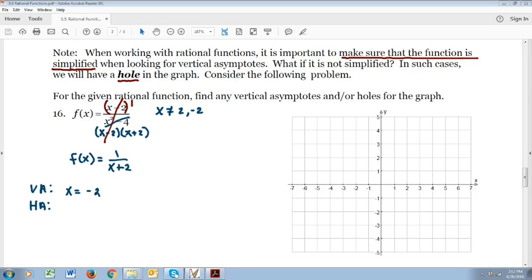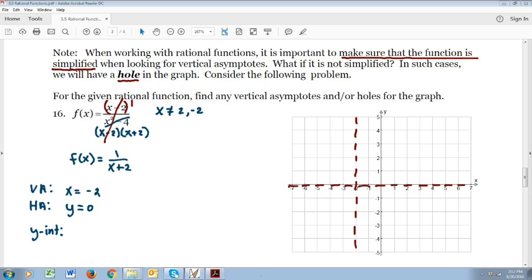So this is what I would call bottom heavy. And this is the case where y equals 0 is your horizontal asymptote. Alright, so let's go ahead and put our asymptotes in, at x equals negative 2 and y equals 0.